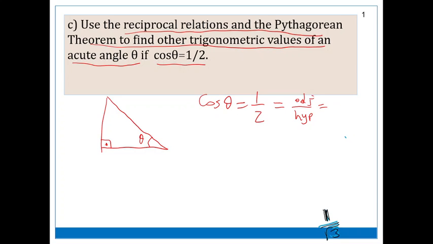So what does it say? The adjacent side here will be this one, and the hypotenuse is 2. Here the adjacent one is 1.